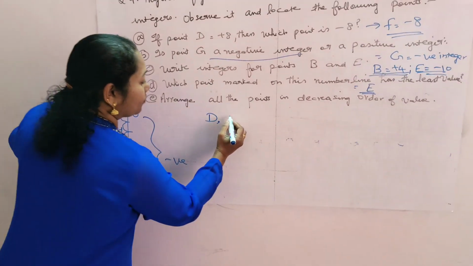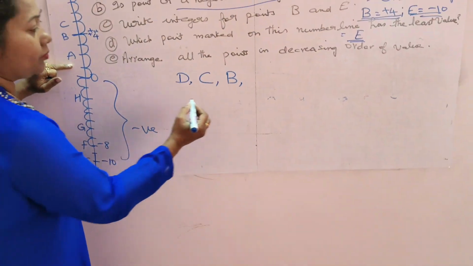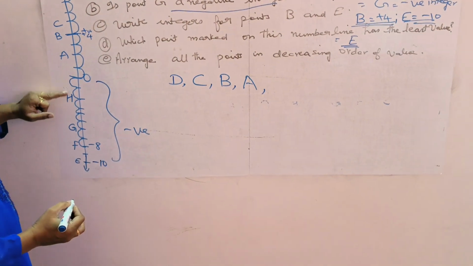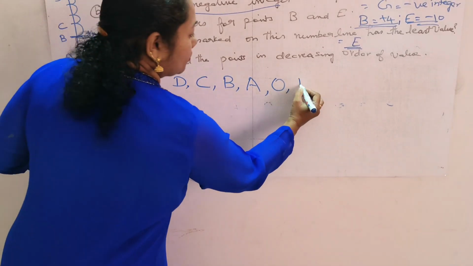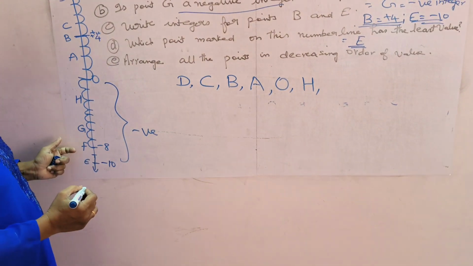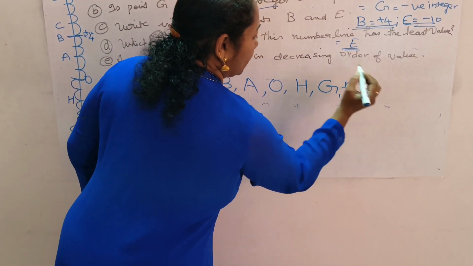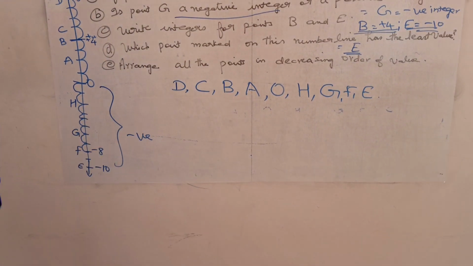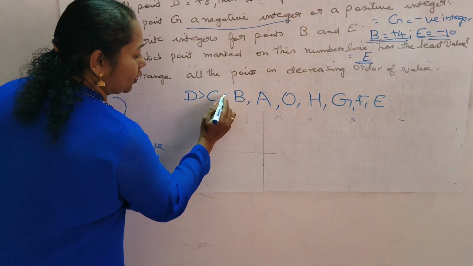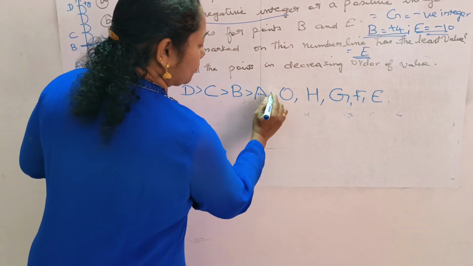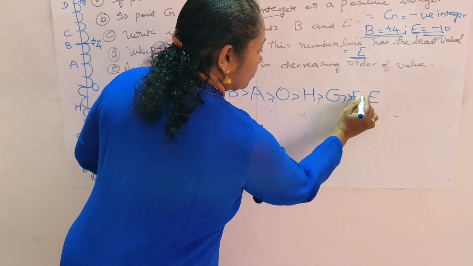After that C. Now B. Then A. Then O. Now H. Then G, F, E. Okay.